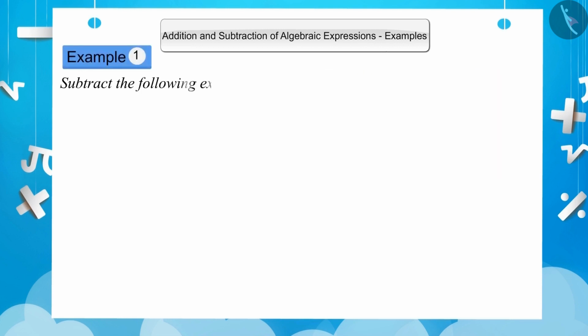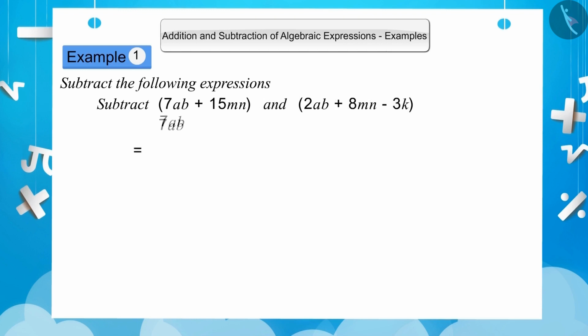Example 1. Subtract the following expressions: 7ab + 15mn and 2ab + 8mn - 3k. 7ab + 15mn - (2ab + 8mn - 3k).